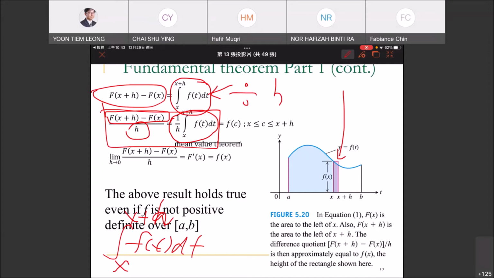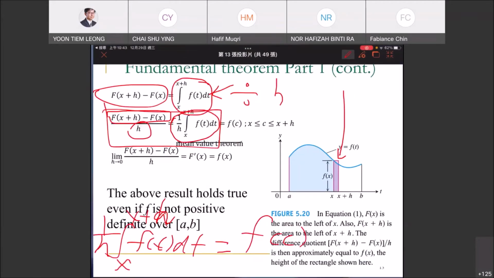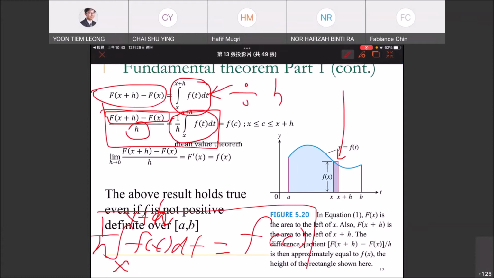And this is guaranteed to be equal to a value of f at c multiplied by the width, so you have an h here. So this statement is guaranteed to be true by theorem 3, the theorem we have just discussed a minute ago.